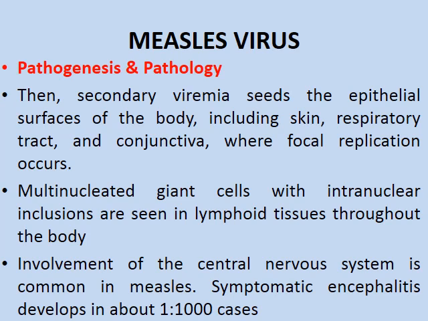The third point: involvement of the CNS is common in measles. Symptomatic encephalitis develops in about 1 in 1,000 cases. So the main target organs are skin, respiratory tract, conjunctiva, and CNS.